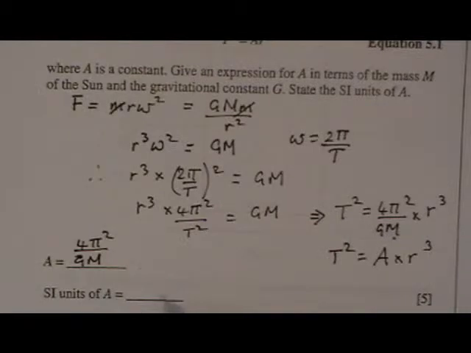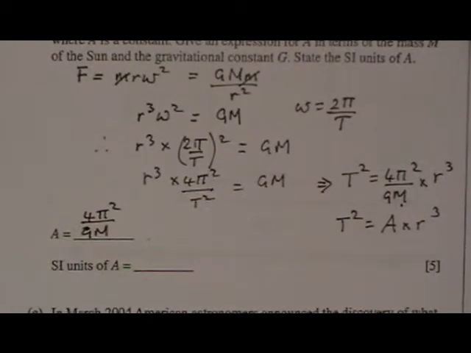The SI units of a: in order to work them out, we're going to have to do a little bit of work, because it's 4 pi squared on the top line and then GM on the bottom.